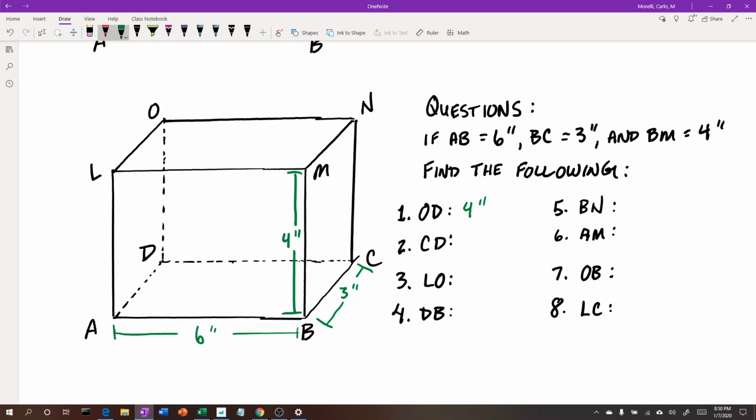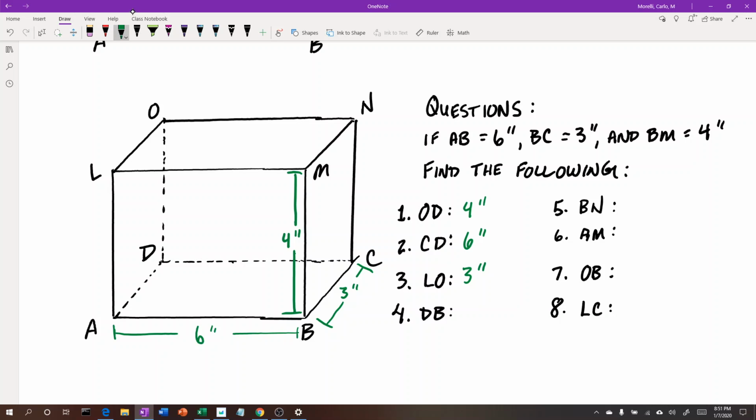Those lines are parallel. So that's going to be 6 inches. LO is going to be equal to CB. So LO is 3 inches.